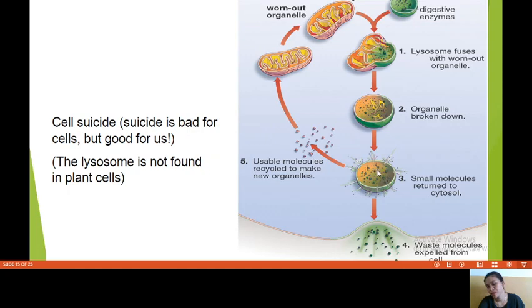The usable molecules, meaning you can still use them, are recycled to make new organelles. Then the same process happens again once an organelle is worn out. Of course, if it's a waste product, it is removed.